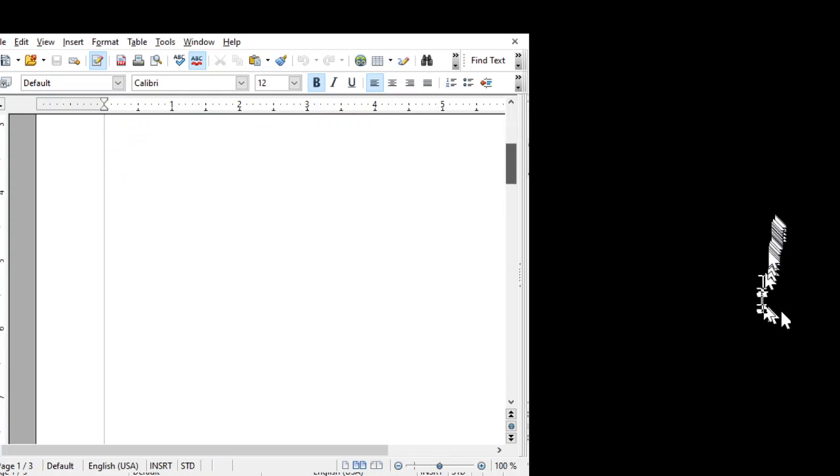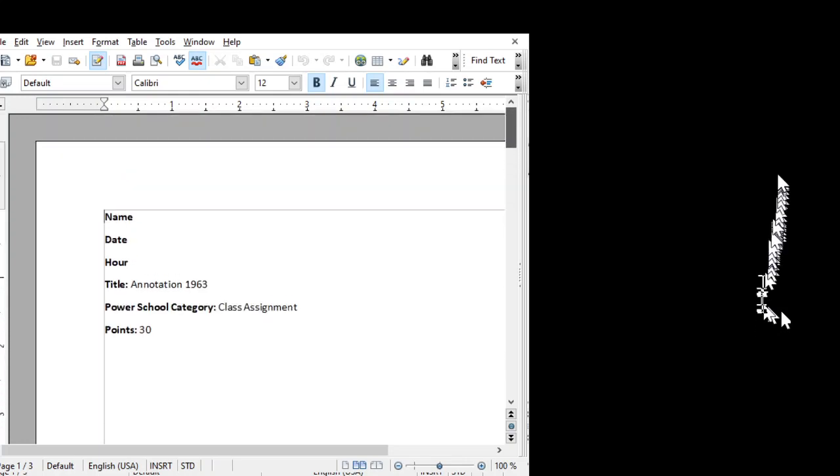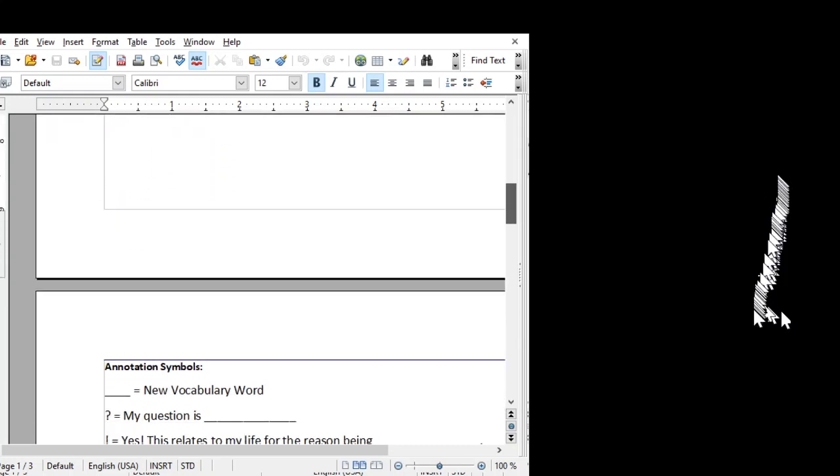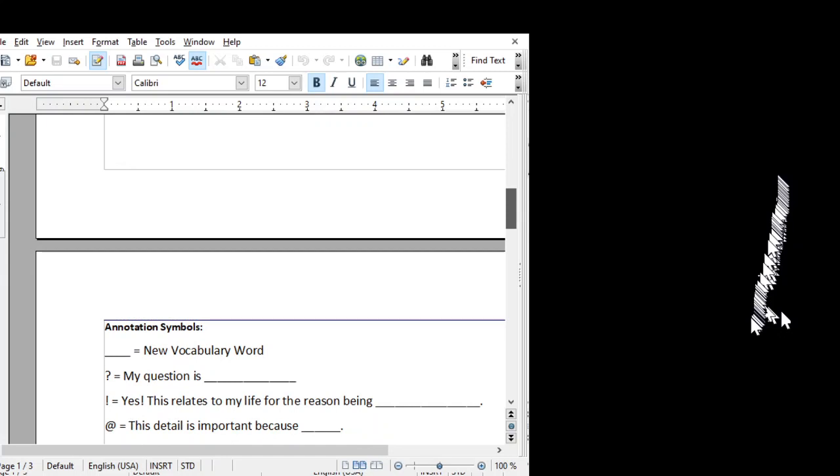So here's your assignment. Annotation 1963 is worth 30 points. All right, so here's the symbols. I put the symbols on the document. So if you underline any word, if I look at your paragraph and I see the underline, that means it's a new vocabulary word, a word that's new to you, and I'm looking for the definition of that word.